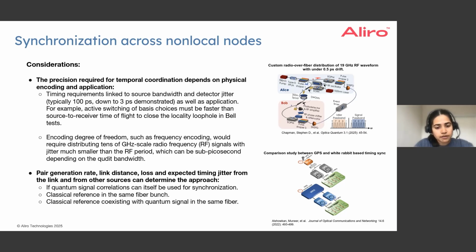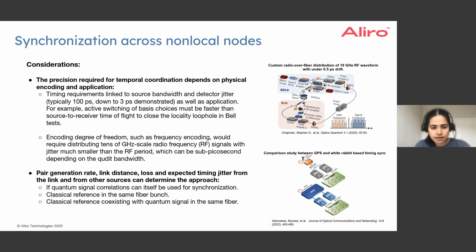And there are other practical factors that one can include to decide which approach must be utilized for timing synchronization. This could depend on pair generation rate, that is, how fast photons are being generated and sent down the link, and link distance and loss as well, which determines, amongst all these photons that are generated and sent down the link, how many of them actually reach the end of the link.